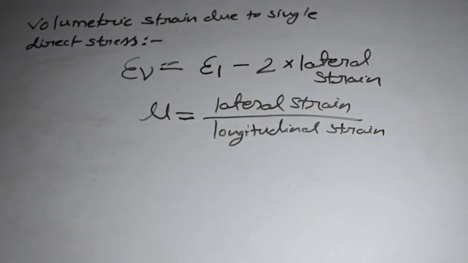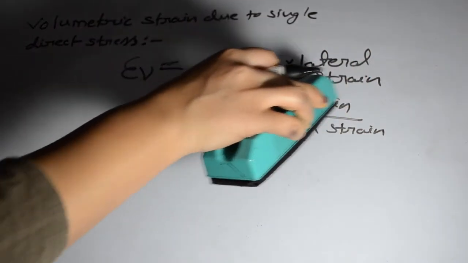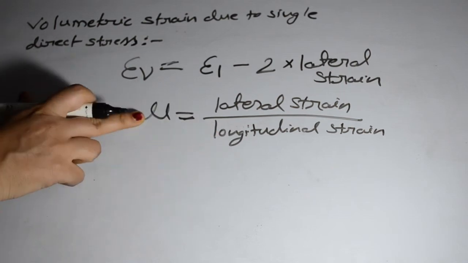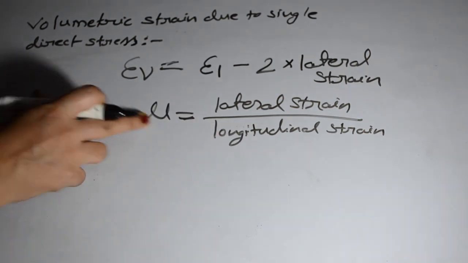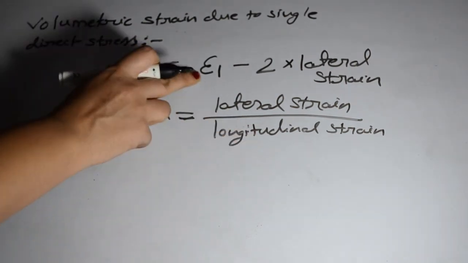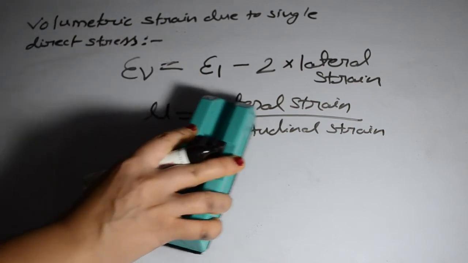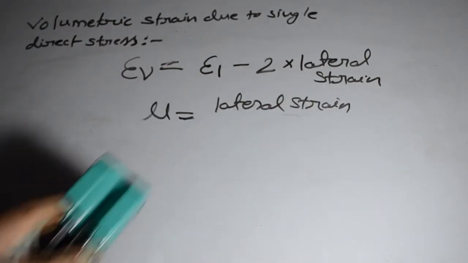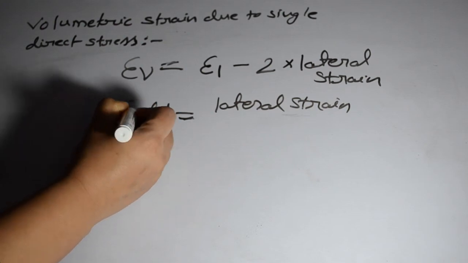Lateral strain by longitudinal strain. So here we put lateral strain equal to mu into longitudinal strain, and we are denoting this longitudinal strain by eta 1. So we can write lateral strain equal to mu into eta 1.